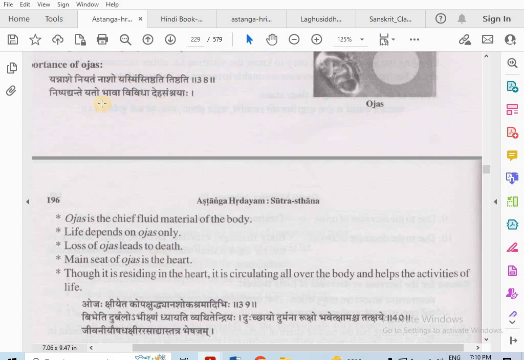See, I said bhava, that is the activities. Vividha means various. Various bhavas also occur due to this ojas, and those bhavas are staying. Sansraya means staying in the deha, in the body. So like this, we understood the importance of ojas here, students.